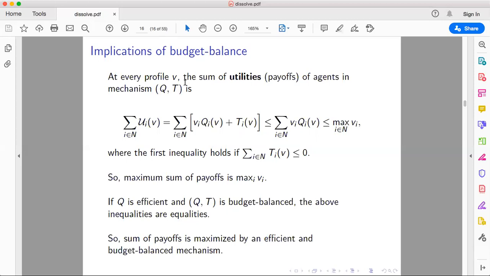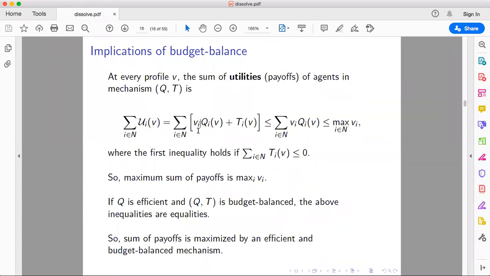So that's what I'm going to rigorously show in this slide: budget balance allows you to maximally share the surplus. To see that, take any profile v and notice that the sum of utilities of agents in any mechanism Q, T can be written as this. This is the sum of utilities of the agents. Well, what is the utility of agent i in this mechanism at valuation profile v?